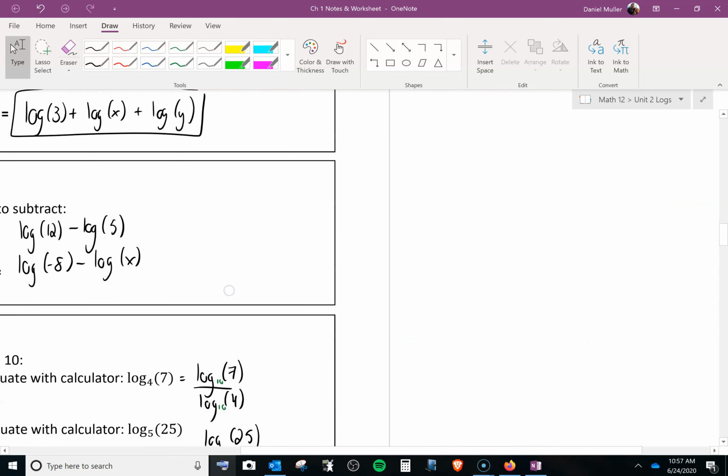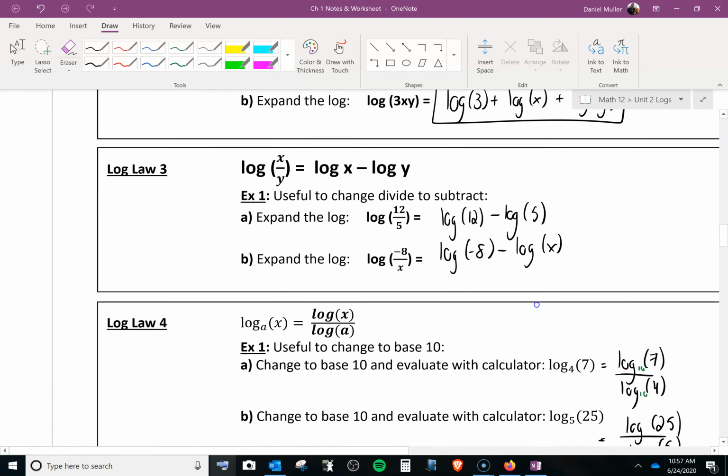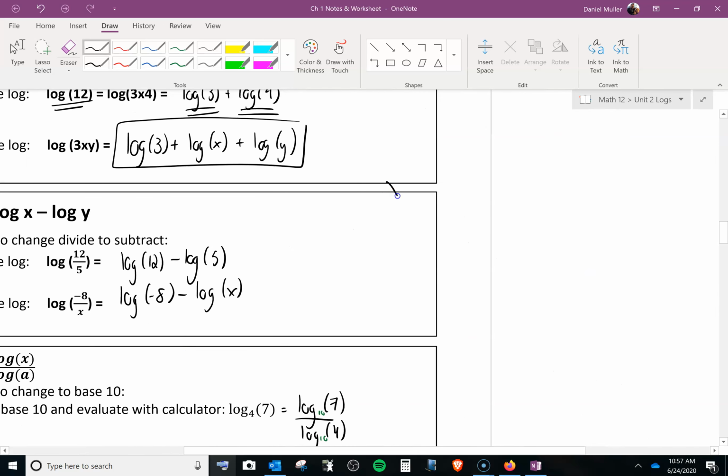One thing to maybe write off to the side somewhere, I don't know if there's really room, so just completely unrelated, but if you ever have this, that's 1. Log base a of a is 1. And you can do an example. We could have here log base 5 of 5.